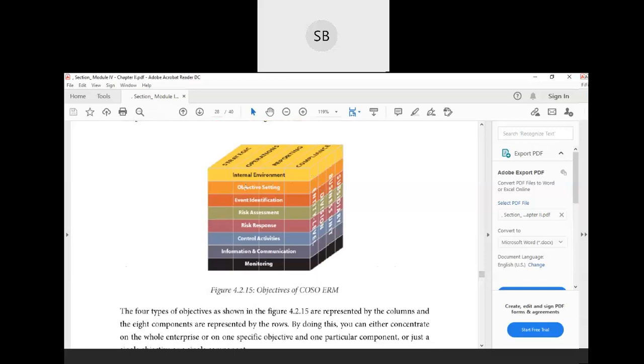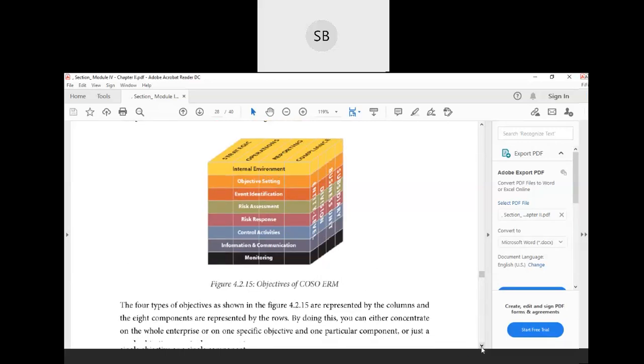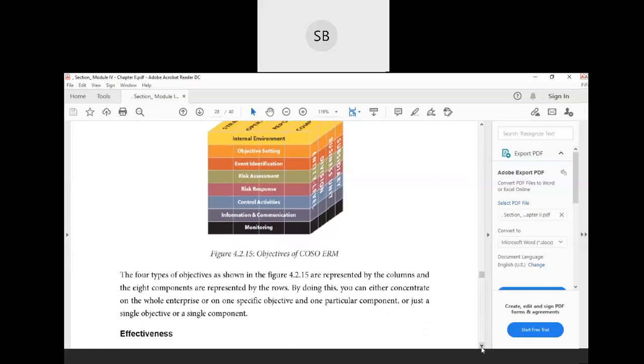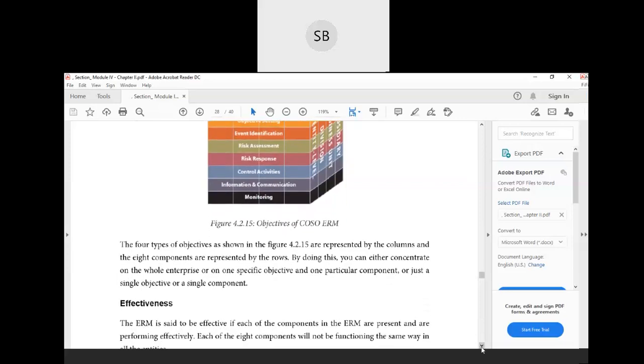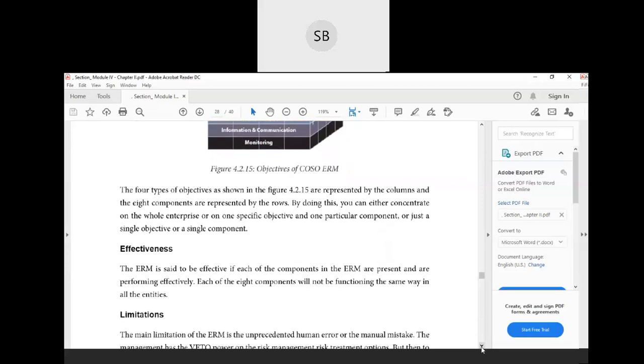We have just studied internal environment, objective setting, event identification, risk assessment, risk response, control activities, information and communication, and monitoring. This is a three-dimensional diagram, so you can concentrate on the whole enterprise, or on specific objectives, or one particular component, or just a single objective or a single component. What is the advantage of it?